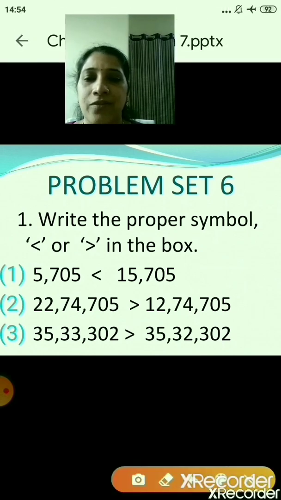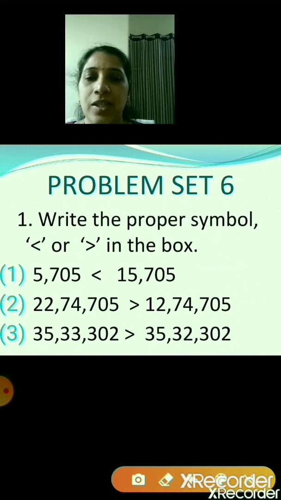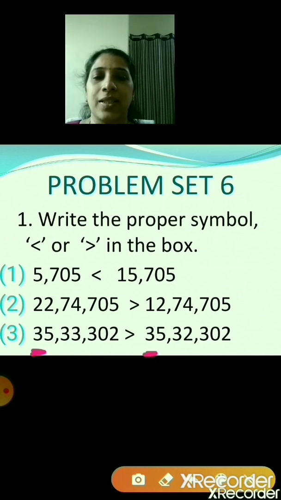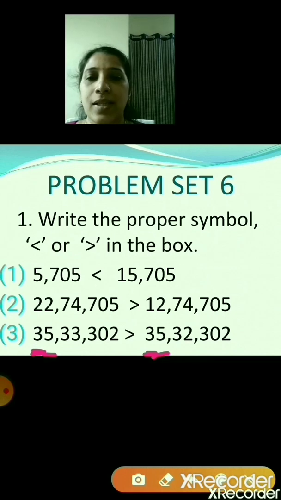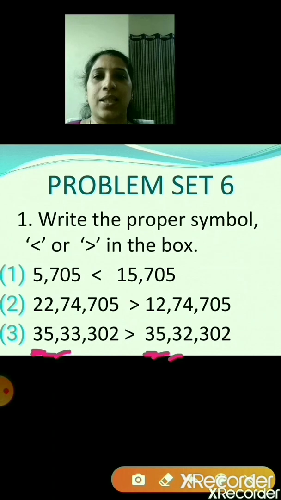The first from your left hand side, the first digit is 3 over here, and to the right hand side also the first digit is 3. Now let's move to the second digit, 5. Here also it is 5. So you cannot decide. We'll go to the next number, that is 3. Again here also the next number is 3.